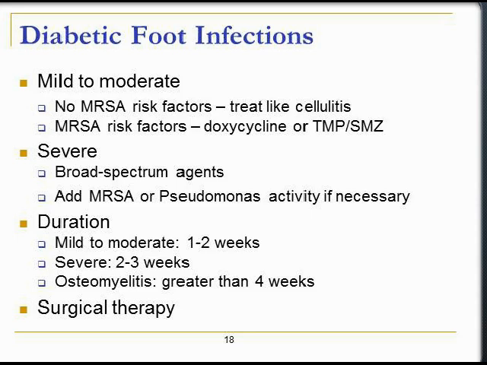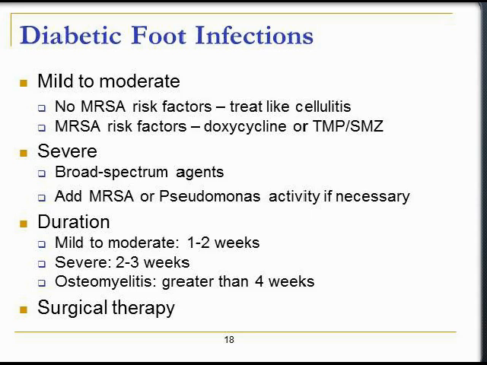And if the patient has risk factors, you might also have to add agents that have activity against MRSA or Pseudomonas. The recommended antibiotics you can see there on page 18 in your handout: ampicillin sulbactam, ertapenem, cefotaxime, a third-generation cephalosporin, fluoroquinolones, etc.